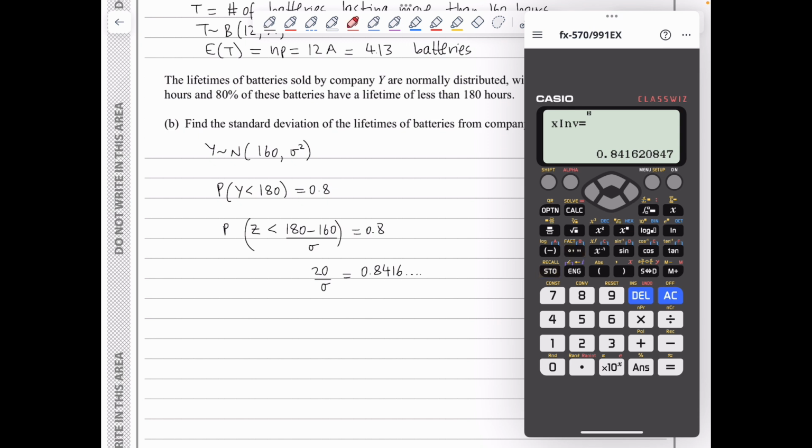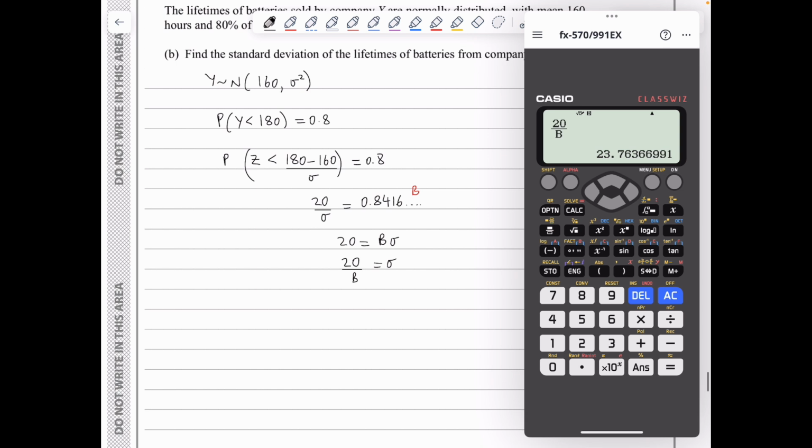So let me put a B here, which means we've got 20 is equal to B times sigma. So 20 over B will give me the value of sigma. So menu 1, I do 20 over B, and I get an answer of 23.8 hours. So sigma is 23.8, and the units are hours.